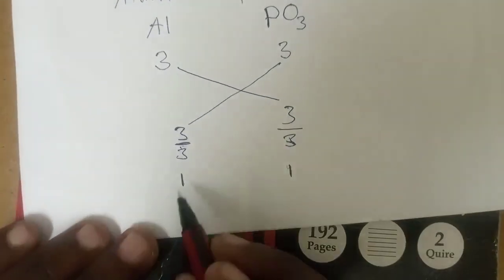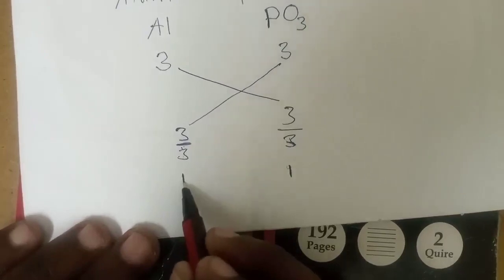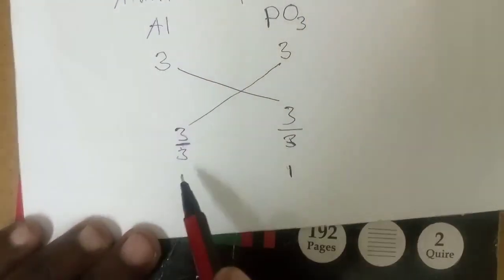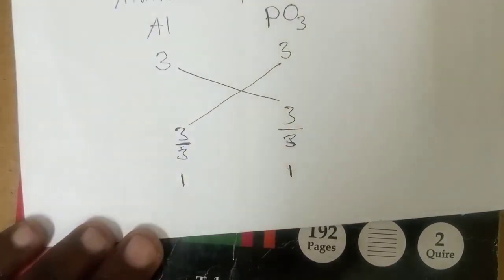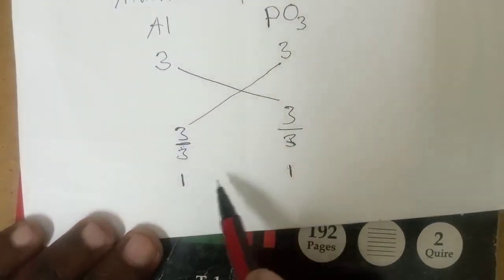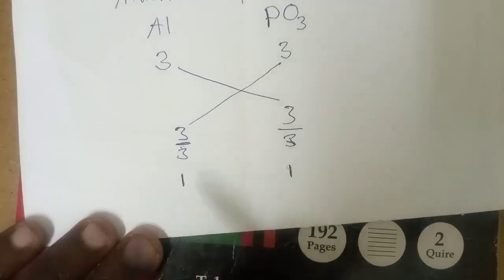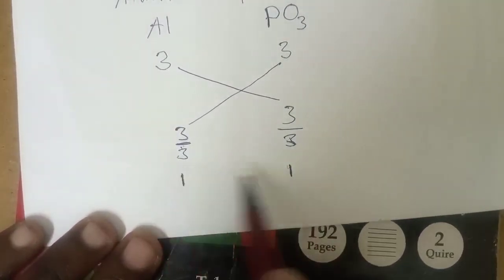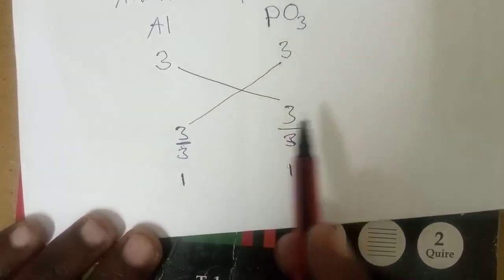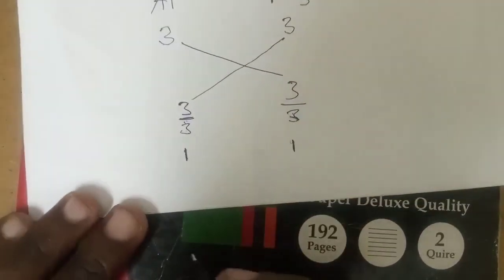All right, so we said that if it is a radical that is being given a number that is more than 1, you put it in a bracket. But these are giving us 1 and 1, so you don't even have to put it in brackets.